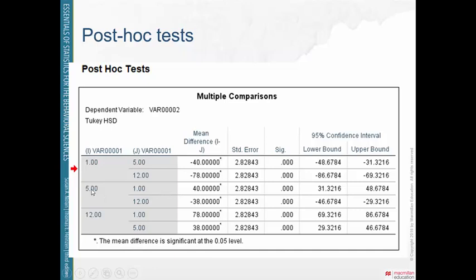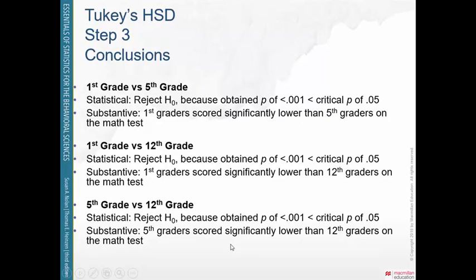And here we've got 5th graders scored 40 points more than 1st graders. It's the same thing. So there are 6 comparisons here, and you need to look at the 3 that are different: 1st to 5th, 1st to 12th, and 5th to 12th. You don't want to do them all 2 times. Okay, so what are we saying here?